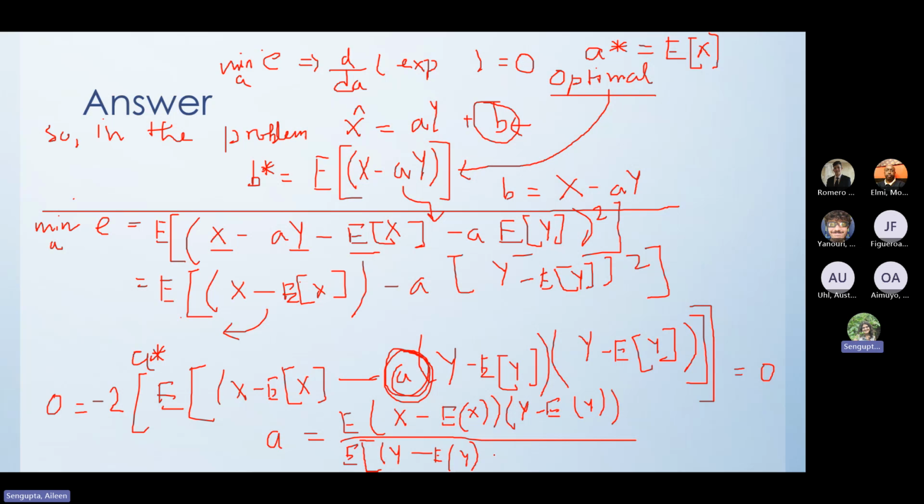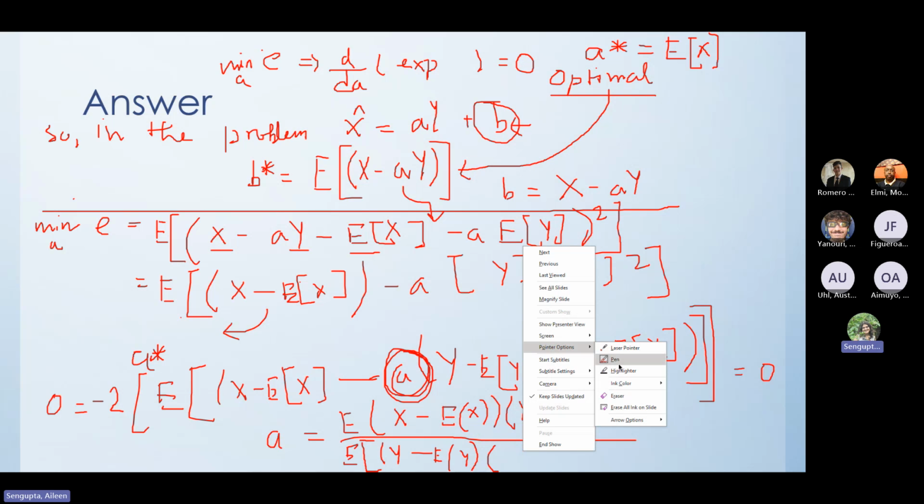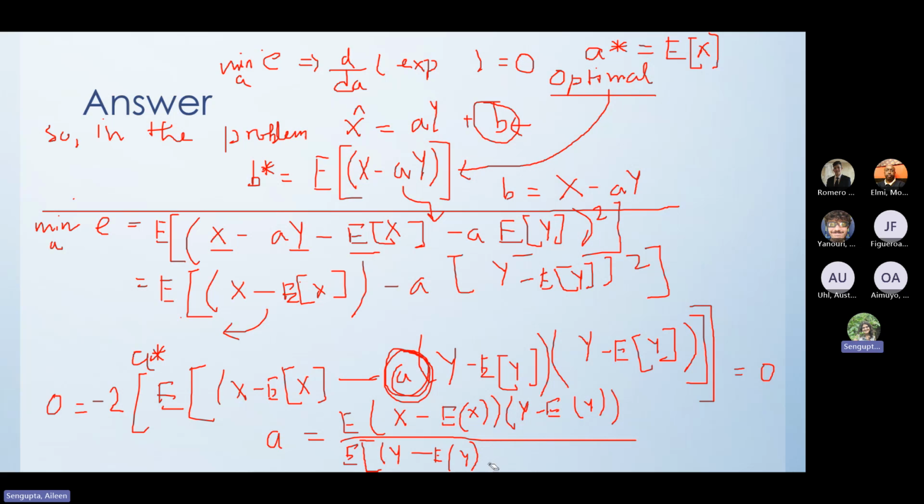Again, you might not get the same result, so don't panic. Basically, y minus e of y whole squared. That's exactly what we are going to get. If you don't get the same expression, that's perfectly fine. If you don't get this kind of A star, that's fine.